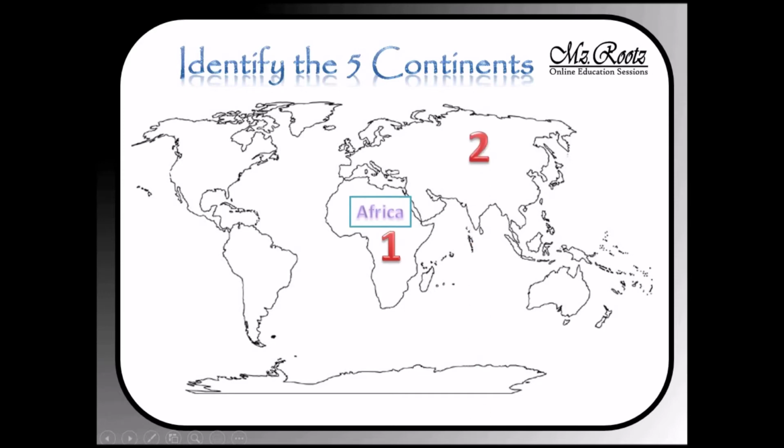Continent number 2, which includes all of this, is Asia, previously known as Eurasia, because as you can see, and as you know, politics has now put a borderline here. And this is Europe. Look how little Europe is. I mean, gosh, this is the British Isles.